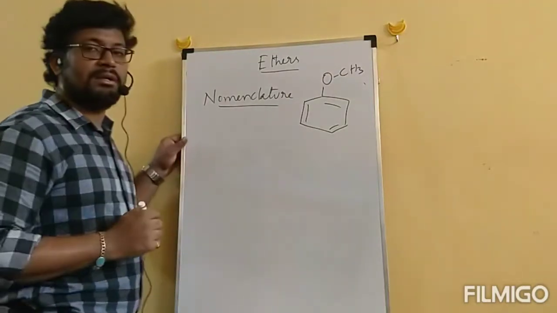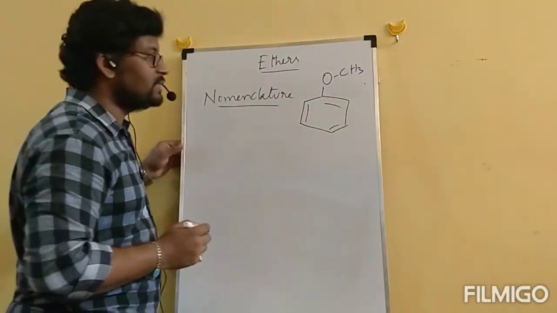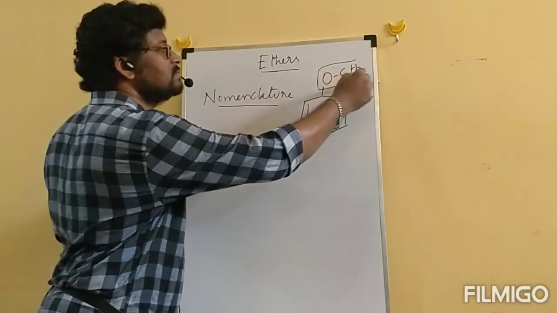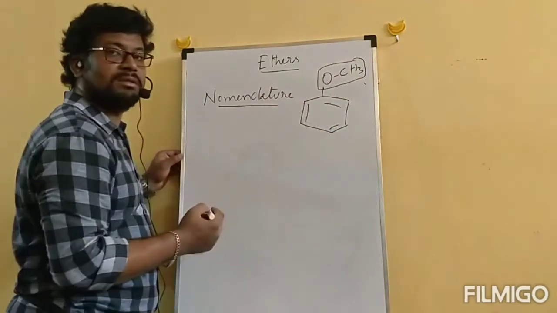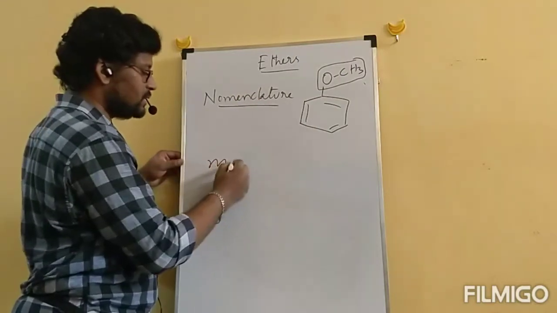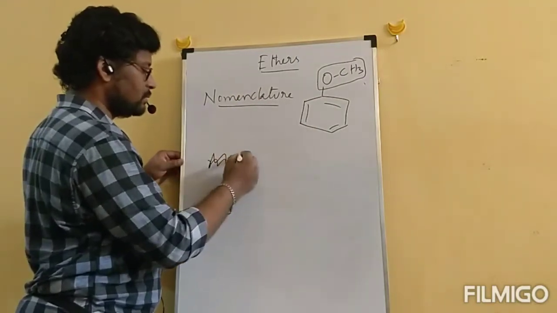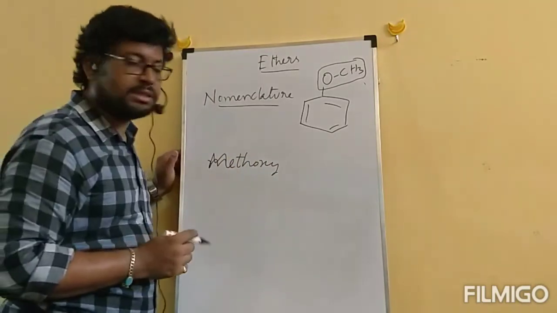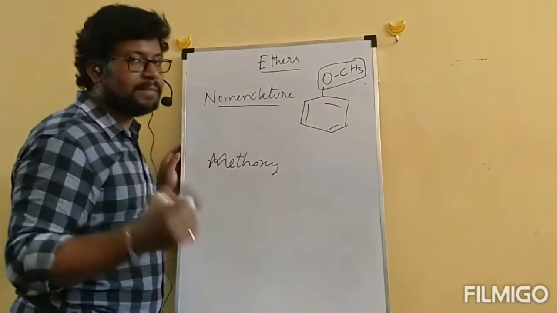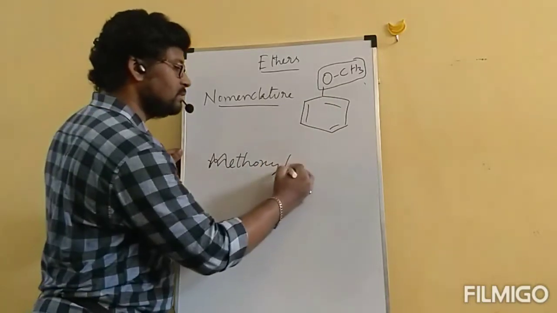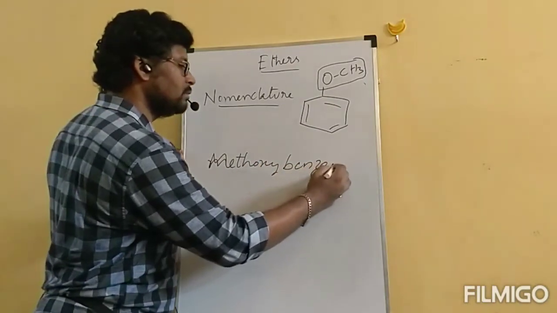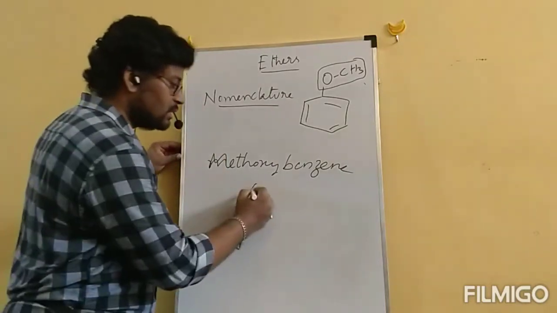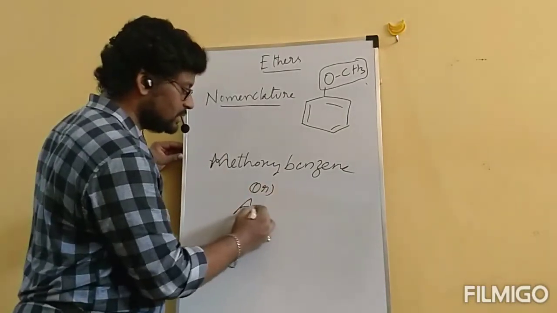That is an aromatic ether in which the alkyl group with less number of carbons, this one, is joined with oxygen, and that group is called methoxy. And the remaining thing is called benzene ring. So methoxybenzene. The name of the compound is methoxybenzene, and it is generally called anisole.